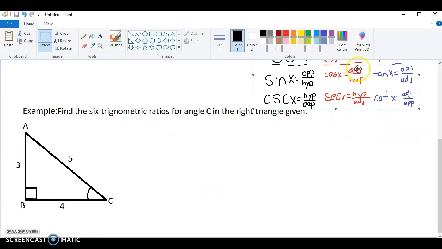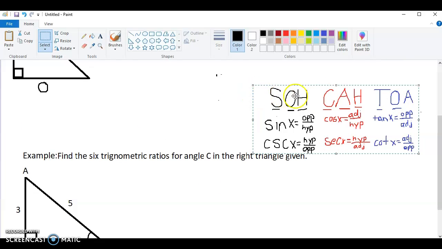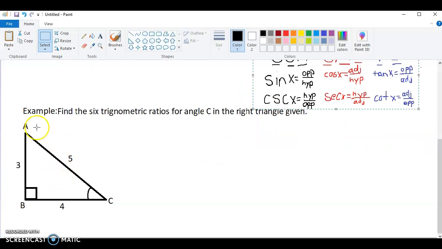So we have our phrase Sohcahtoa to help us with this example: find the six trigonometric ratios for angle C in the right triangle given.